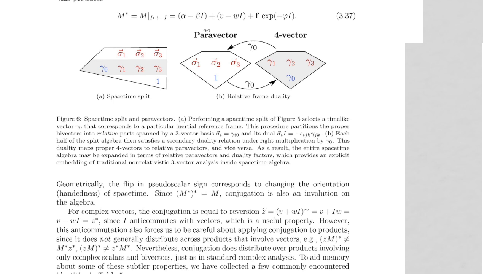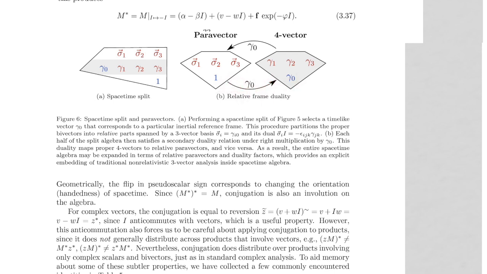So there's 4 basis vectors here and 4 basis vectors here, but these have 2 different grades and these all have grade 1.